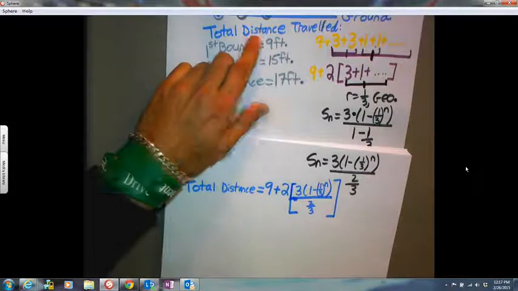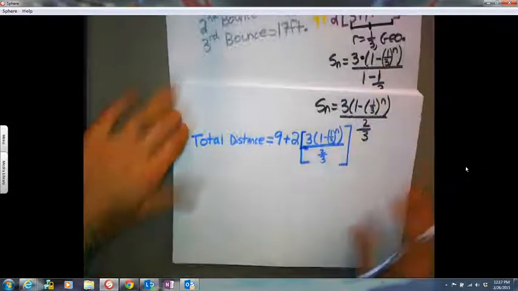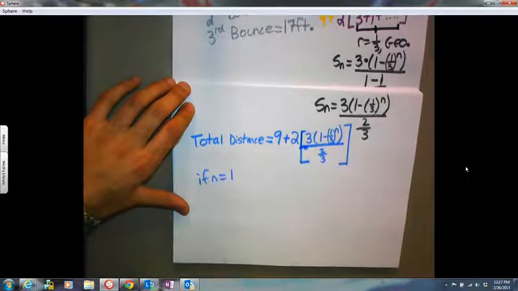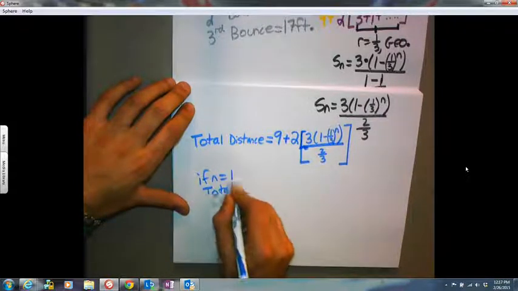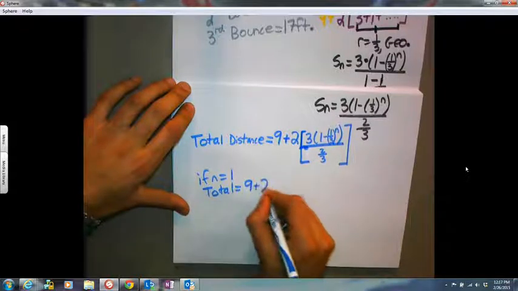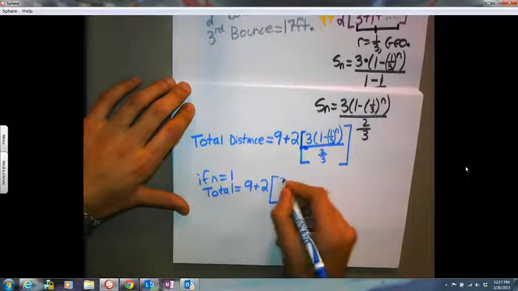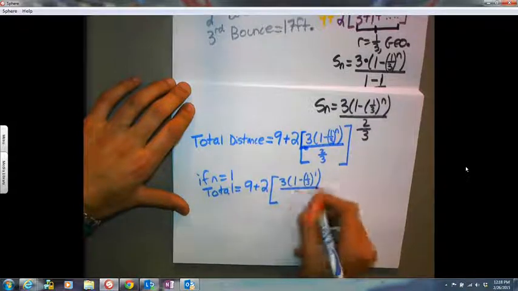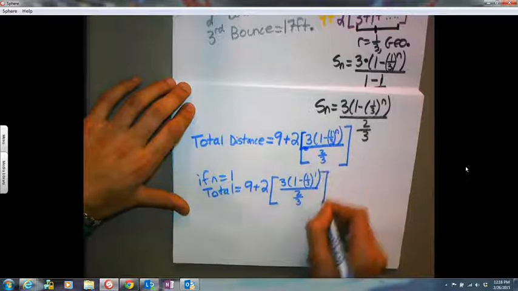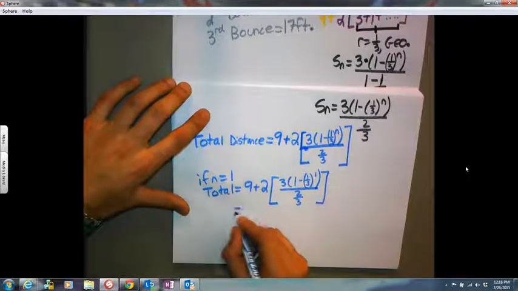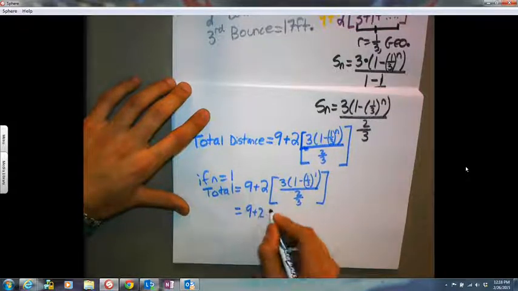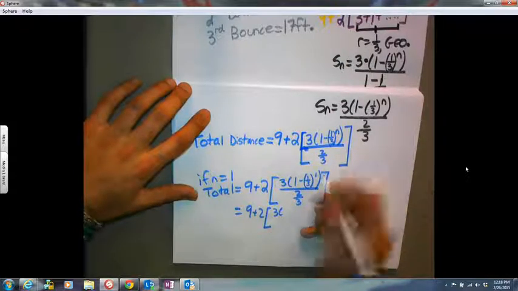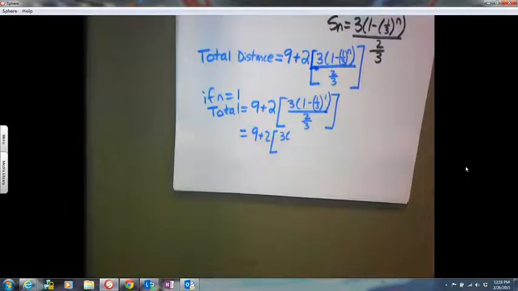So if n is 1, one-third to the first power is just 1/3.